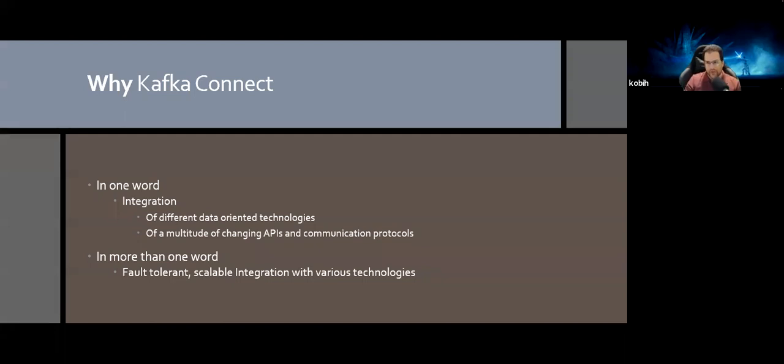So we want to rely on a fault-tolerant, scalable and mature technology such as Kafka. And Kafka Connect leverages a lot of the capabilities of Kafka. It's based on them to make sure that we can scale our pipelines and not lose our data if something breaks.